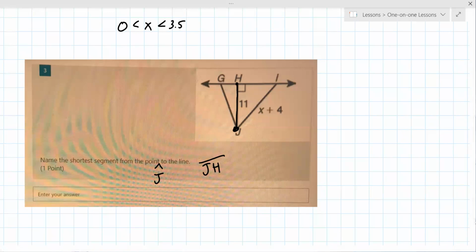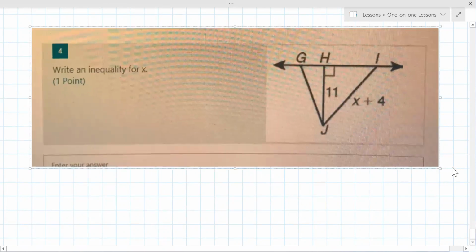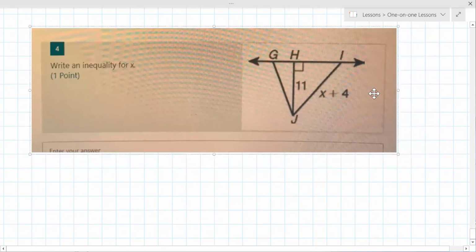Because the next problem says to write an inequality, it refers to the same picture. Let's grab that and snip it in. So in the next picture here, it wants an inequality for X. Well, X is part of the hypotenuse, okay?